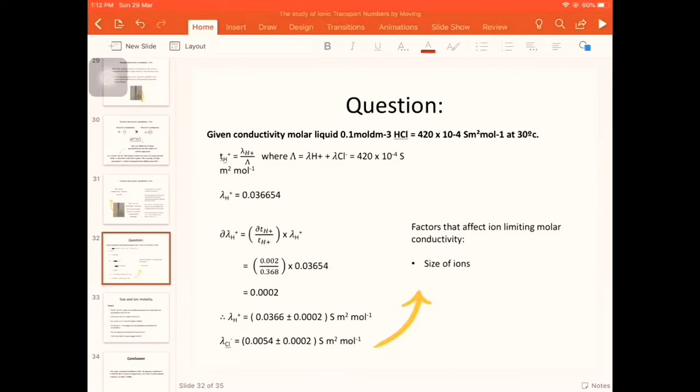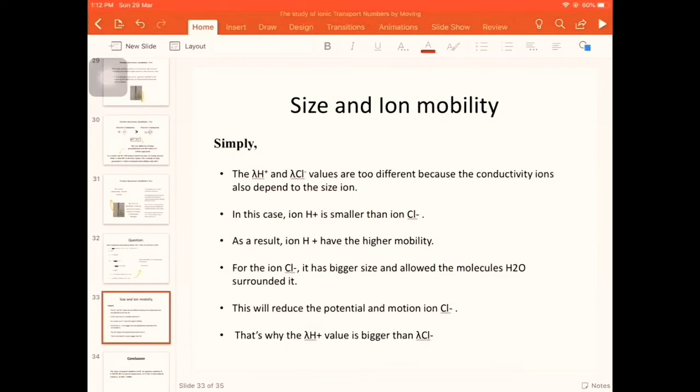We simply say that size and ion mobility are related, in that the limiting molar conductivities of the H plus ion and Cl minus ion values are very different because the conductivity of an ion also depends on its size. In this case H plus is smaller than the chloride ion, so as a result the H plus ion has greater mobility compared to Cl minus.